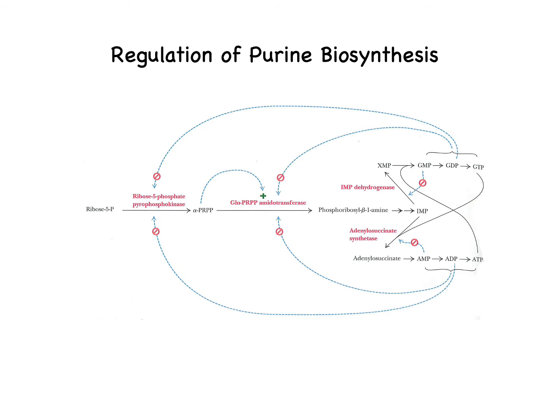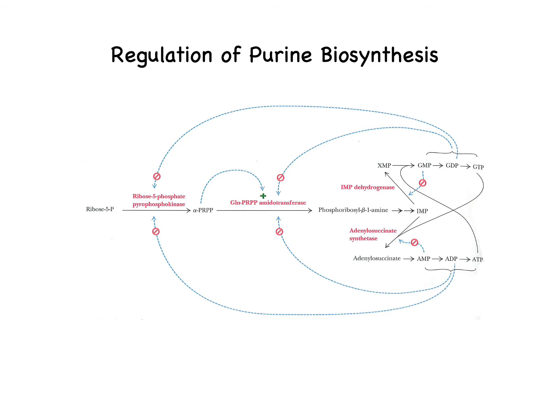There's also regulation upstream. At the very start, both nucleotides feed back and inhibit the production of PRPP. So if we have an excess of nucleotides, it will shut it off at the first step.